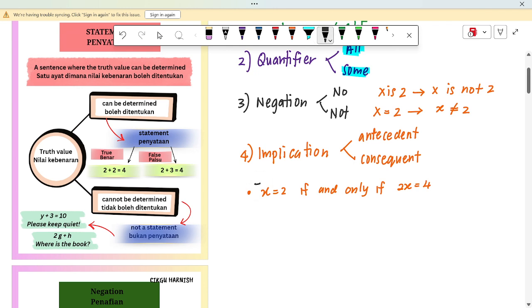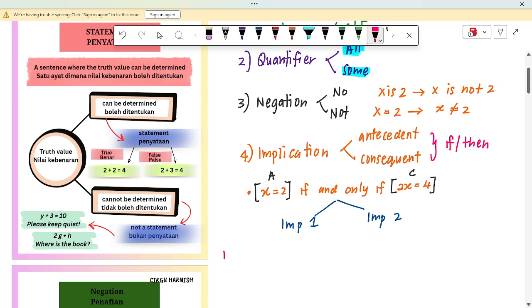Your antecedent is the first one, and this is your consequent. And from here, how do we write our 2 implications? Implication 1 and implication 2 both will use the words if and then.